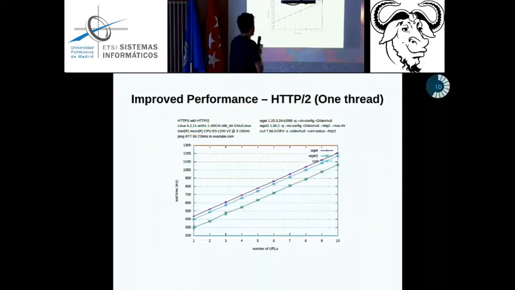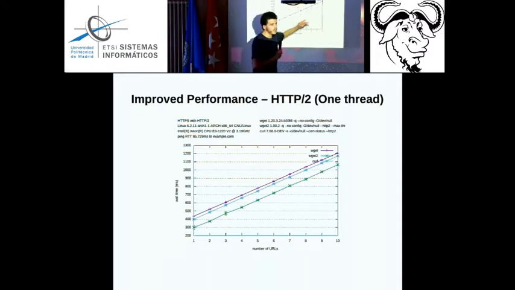Well, as I said, most of the improved performance of WGET2 is due to the fact that we have multi-threading. But you can see it there. It's the same as the other graph, the same arguments, but we are only running 1 thread. And still, as you can see, WGET2 has better performance than curl and also WGET1.